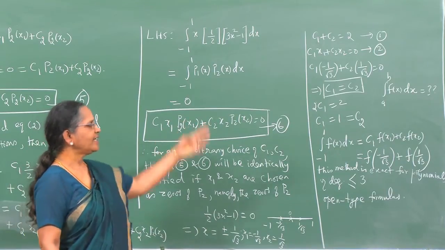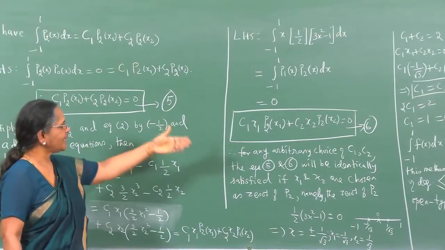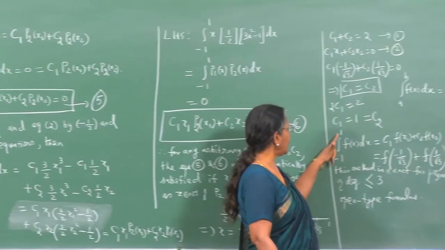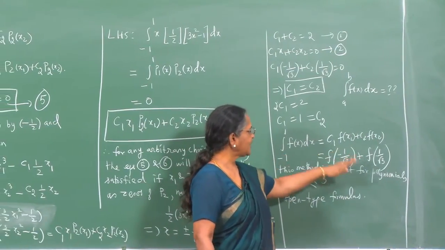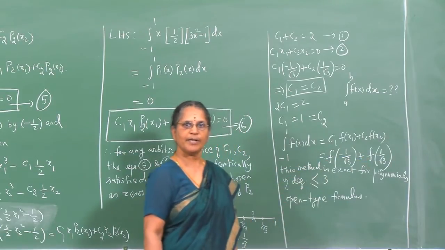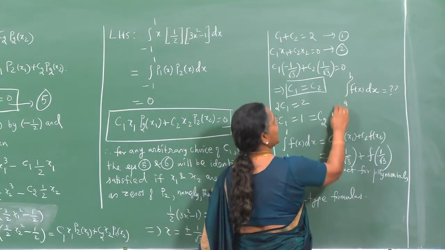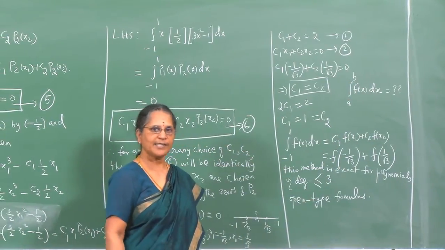We observe that we have derived this method where an integral of the form integral minus 1 to 1 f of x dx is expressed as f at minus 1 by root 3 plus f at 1 by root 3. But the given problem involves limits a and b, where a and b need not be minus 1 and 1 respectively.